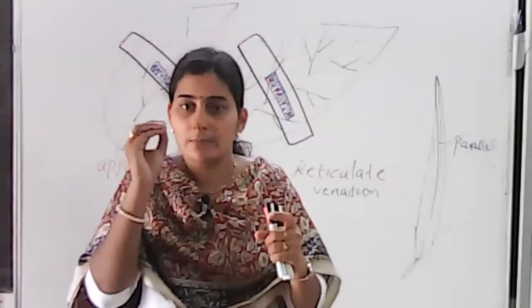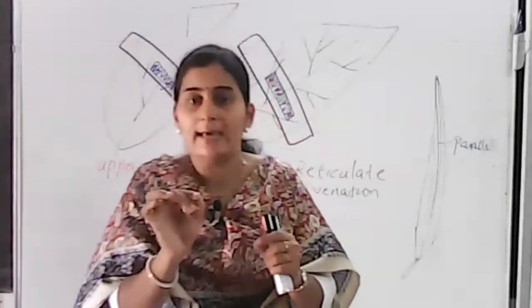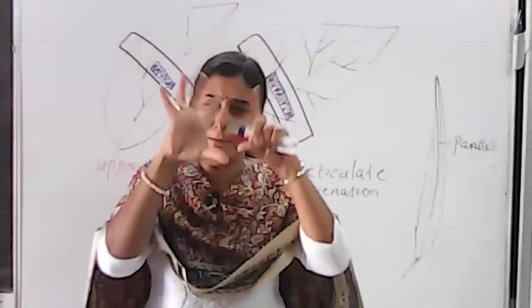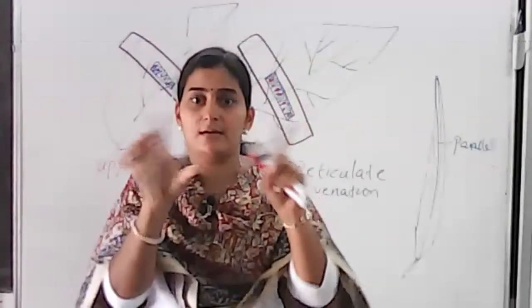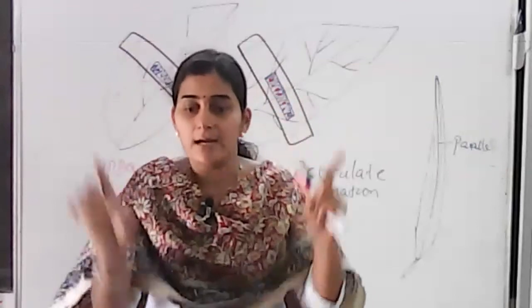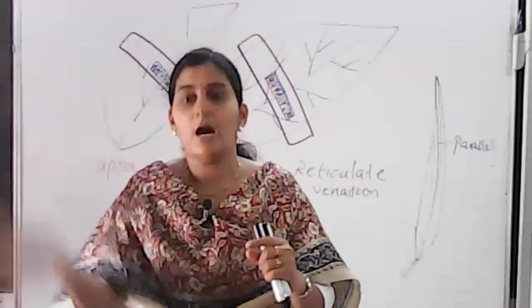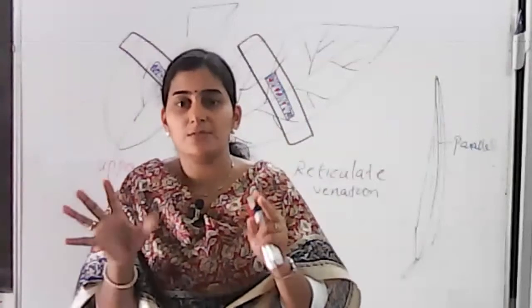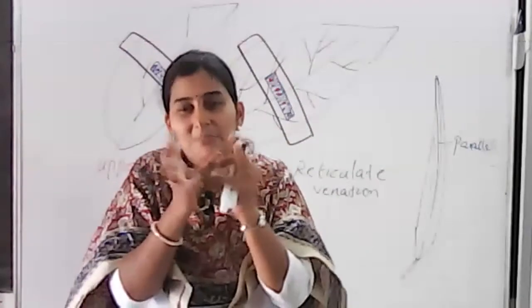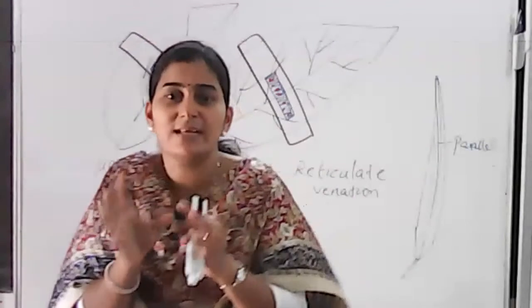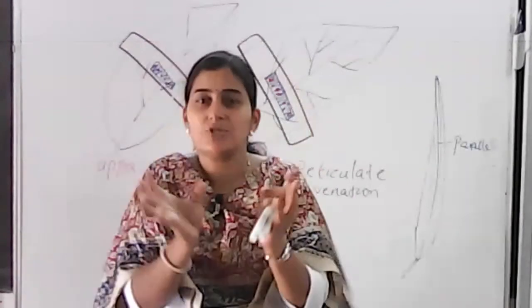As I told you, in a heart-shaped balloon, you are blowing air, and when you blow air completely, it makes its final shape, isn't it? Completely, it makes that correct heart shape. Suppose you are giving out a lot of air from that balloon, what happens to that? It loses its turgidity and it becomes flaccid. That means it becomes very soft, and it will not maintain that correct shape.